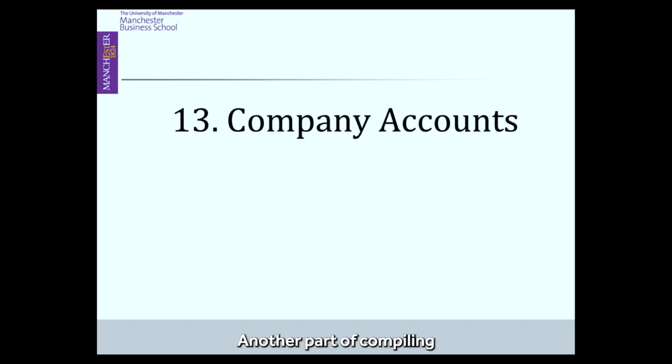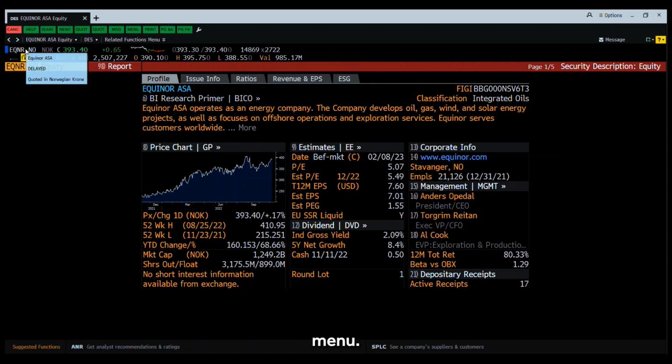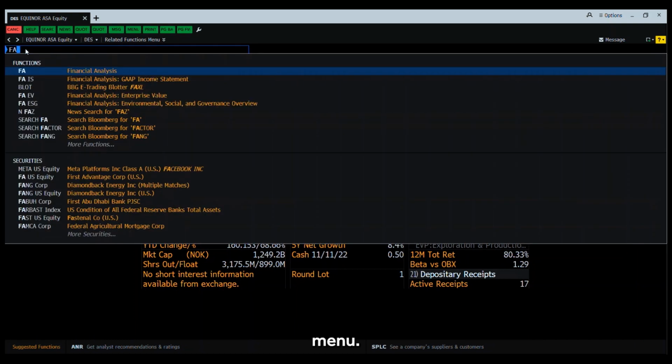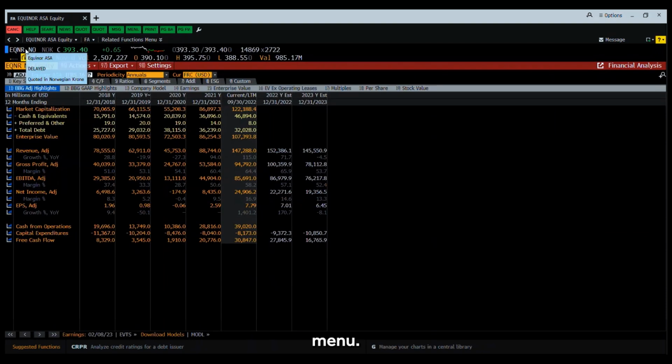Another part of compiling a company profile is to have an understanding of the company's accounts. We can get this by going to the financial analysis page, which on Bloomberg is the FA menu. So in here, on this tab here, we have some key statistics.